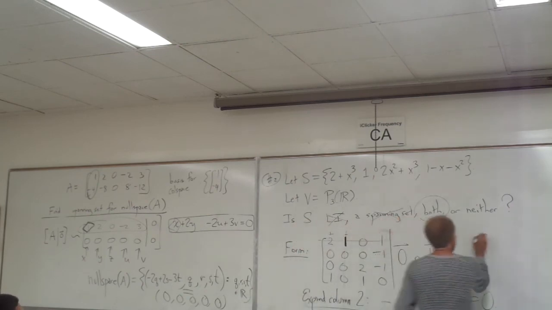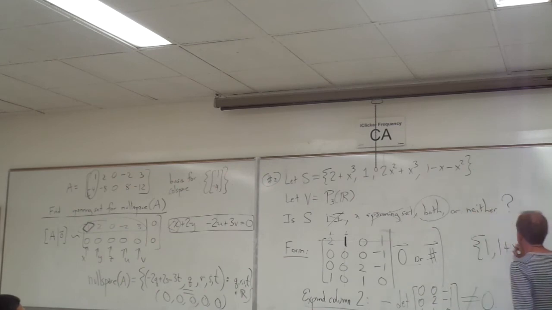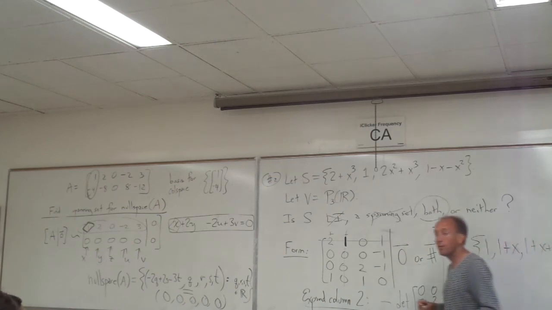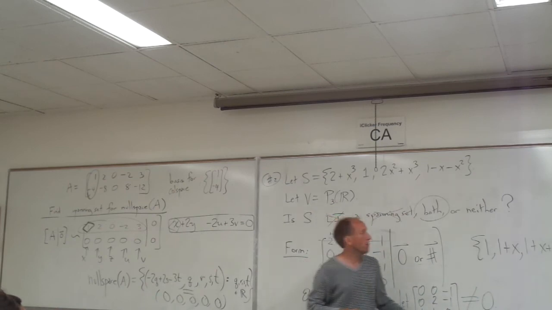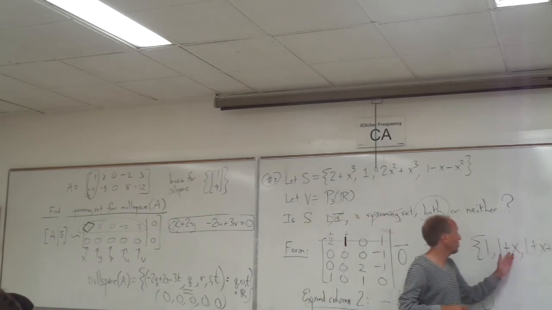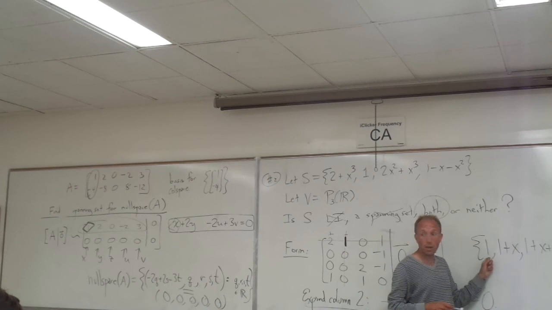If I had given you this set, this is just another little follow-up observation. Notice that each of my 4 polynomials has a different degree. This one is x cubed, this one is x squared, this one is just x, and this one is a constant.